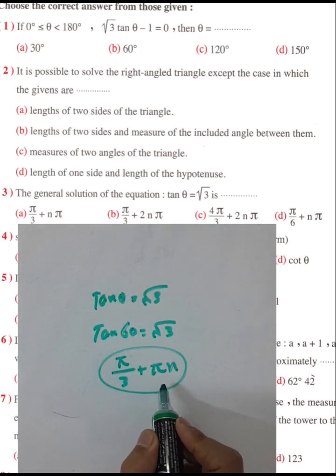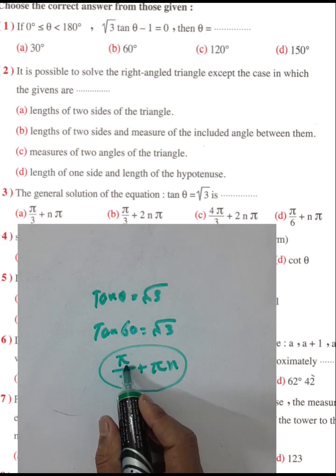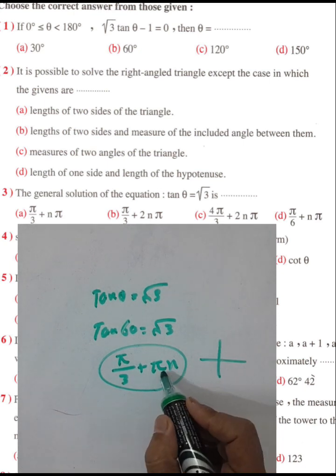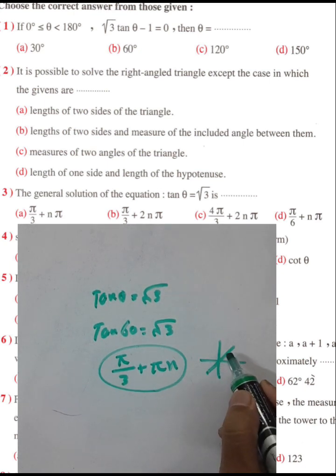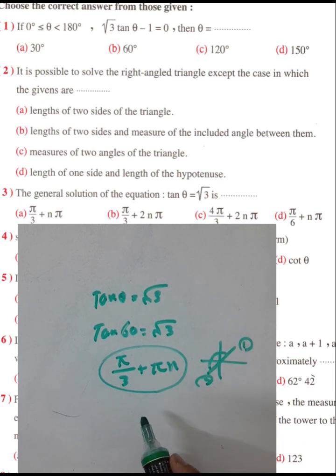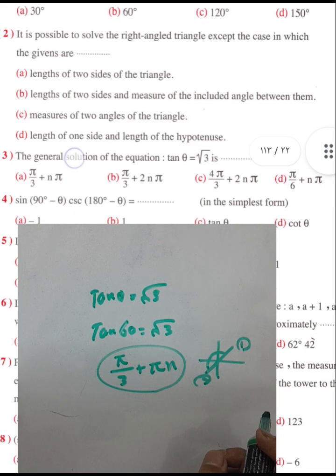We can add 180, because 180 divided by 3 equals 60. And why n? Because tan theta is positive in the first and third quadrants, and we add 180 to the result. Question number 3, choose letter A.